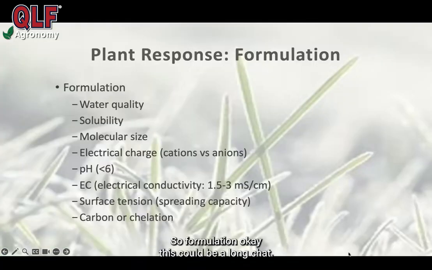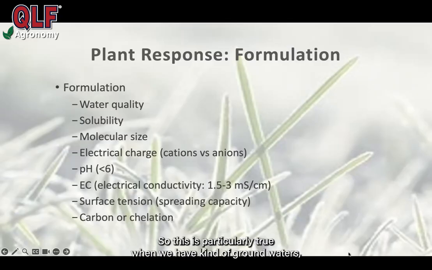Okay, this could be a long chat, but I'll just cherry pick a couple of key points here because there's a lot to say. Water quality, though, I think is an under-discussed point in not only foliar nutrition, but also pesticide applications as well. When we have poor quality water, that can reduce the effectiveness of our foliar nutrition and of our pesticide applications.